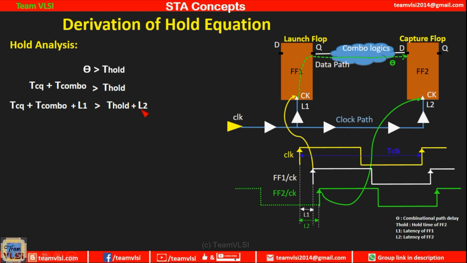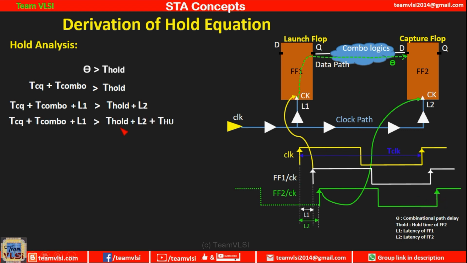If you remember, in the setup uncertainty we took care of the early arrival and subtracted it from the right hand side. Here we need to add that much uncertainty in order to take care of the clock uncertainty.